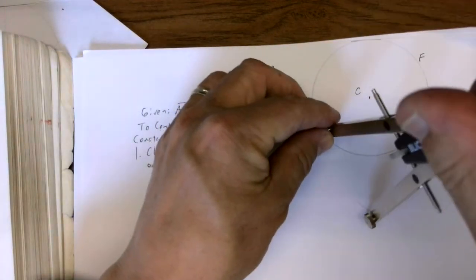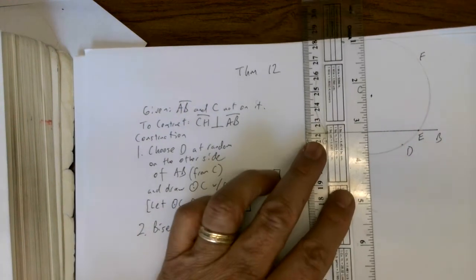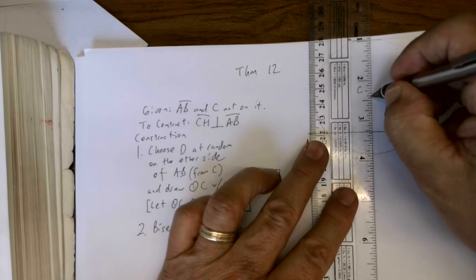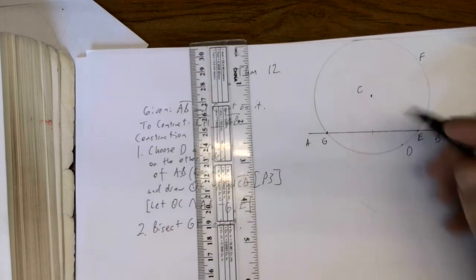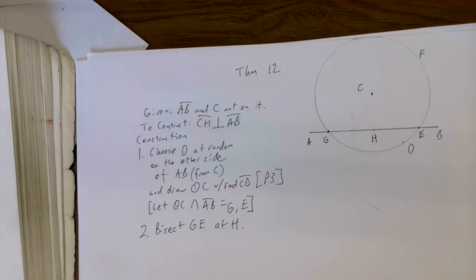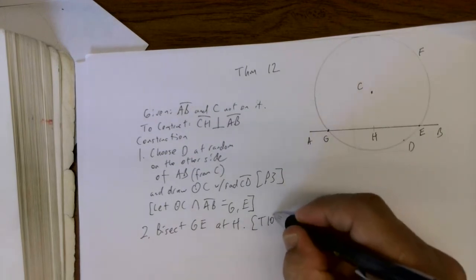So I'm just going to do that out here. I'm not going to make a big deal out of it. I'm just going to line this up with this. I'm not going to do all the steps. There, we bisected it. Bingo, right there. There's H. So that's all I'm going to do. So that would be theorem 10.